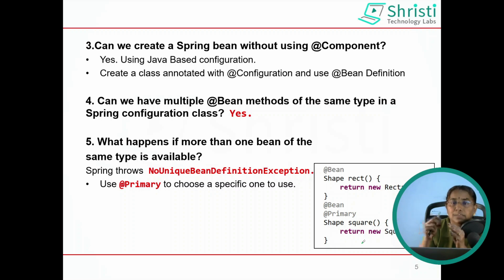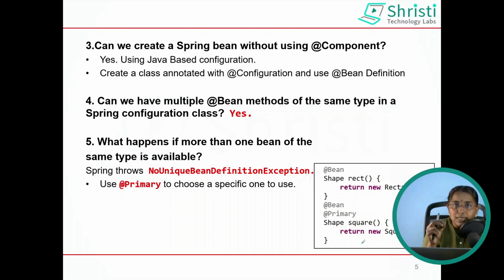class. Instead of that, we can also use Java based configuration, as in create a class that is annotated with @Configuration. Add a method which is annotated with @Bean. This is called as the bean definition. This method will return an object of that class. Even though you are using new keyword, you are not creating the object.